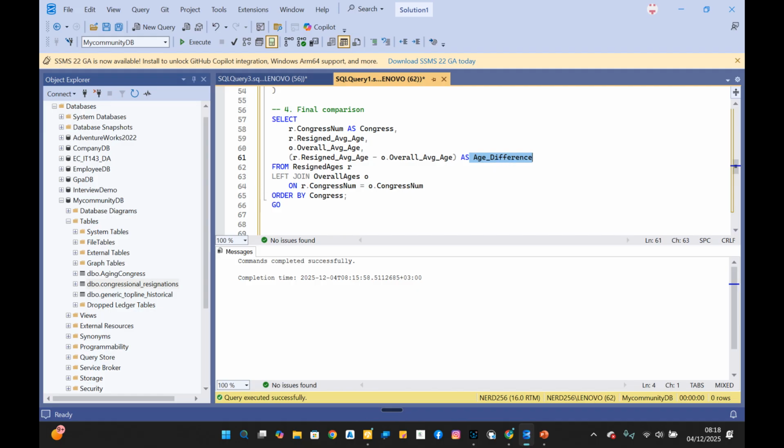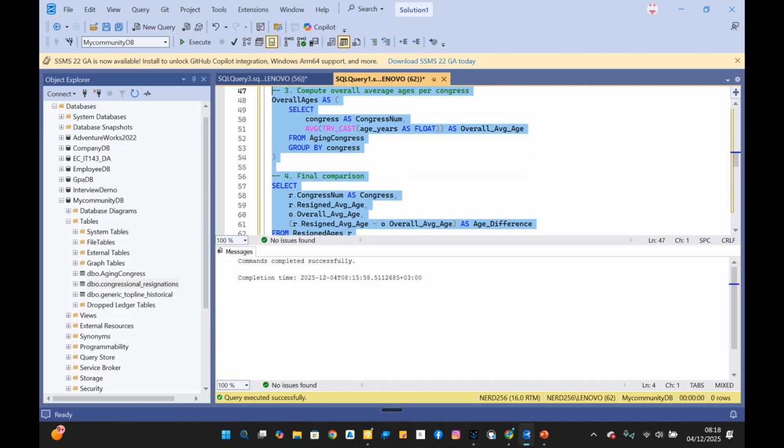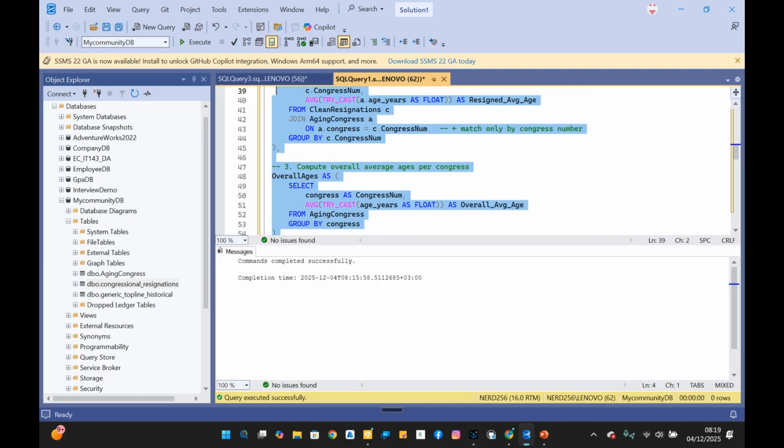When we get the difference, we are supposed to get the difference between the average age and the overall average age. Then it will give us this difference. So when we run this statement, we're supposed to get an output.